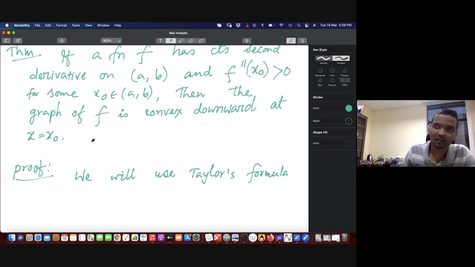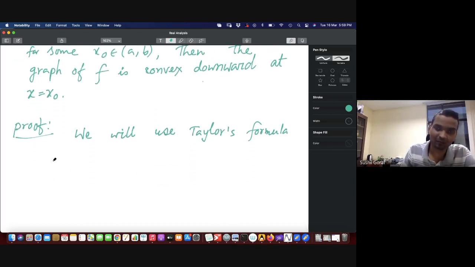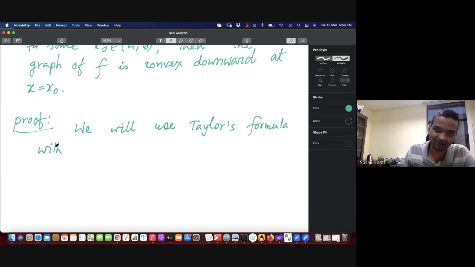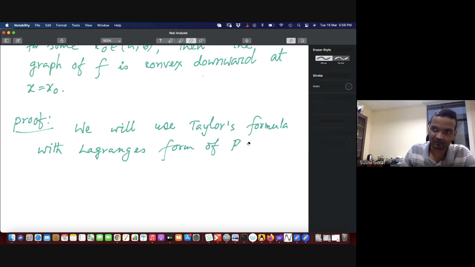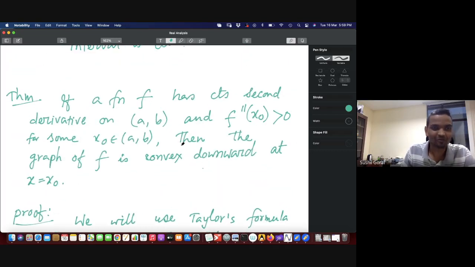The form of the remainder doesn't matter that much. Yeah, with Lagrange's form of remainder, actually. Yeah, it does matter, actually. So this will play an important role.